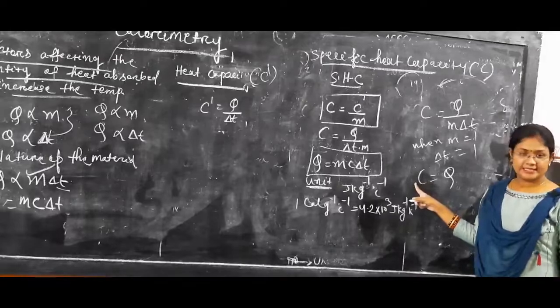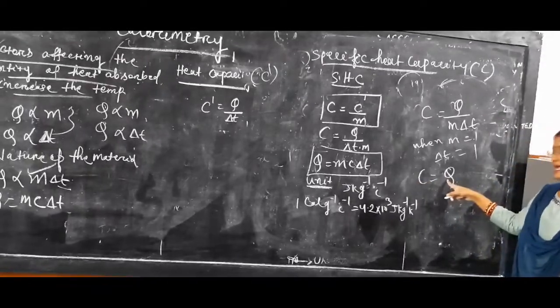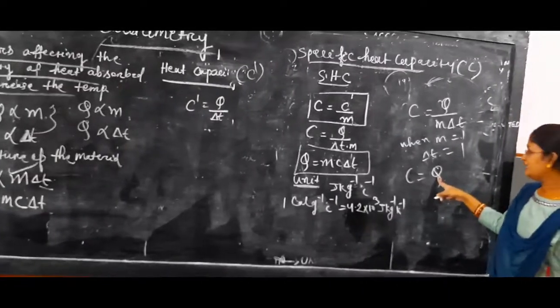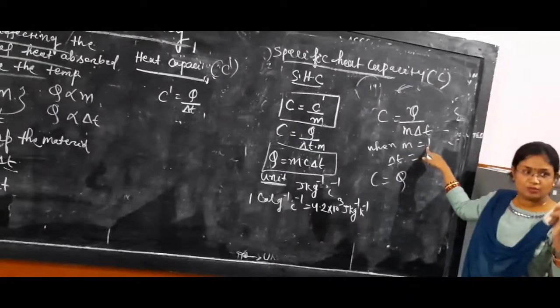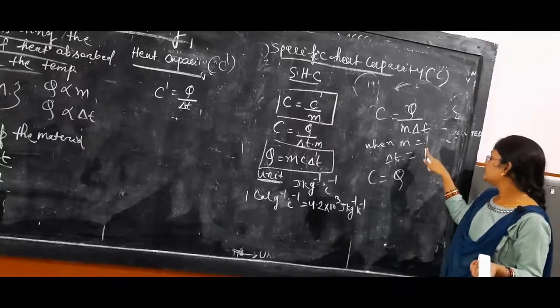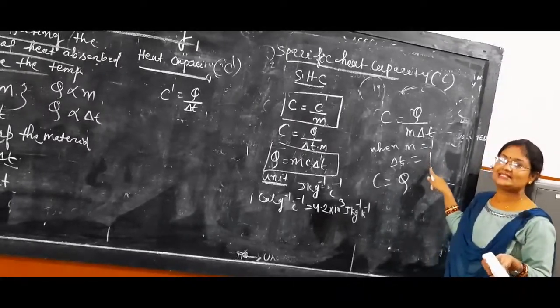That means specific heat capacity is the heat required to increase the temperature of a 1 gram or 1 unit mass body by 1 degree Celsius.